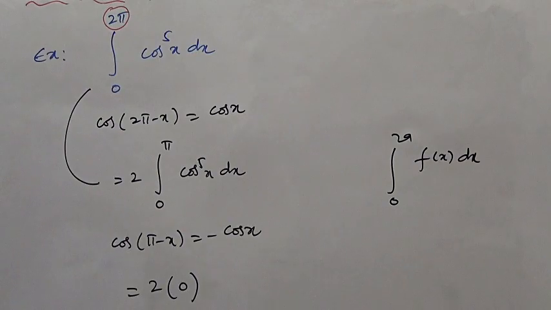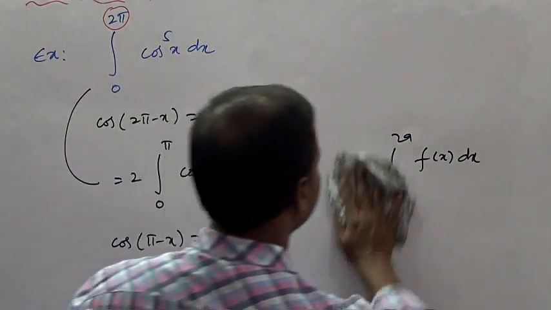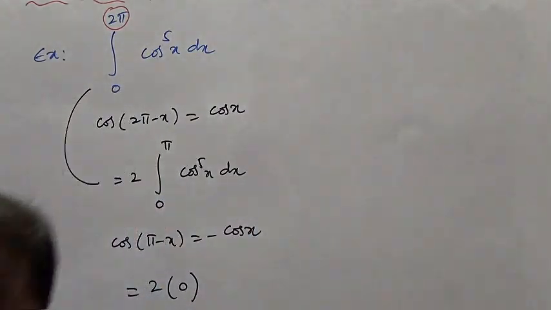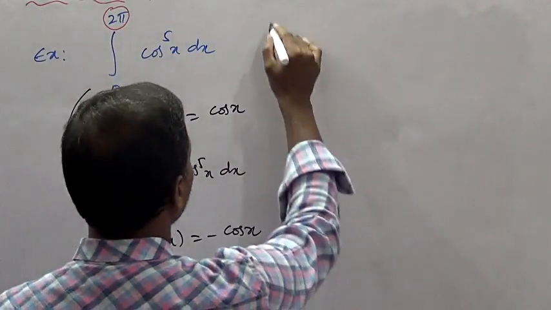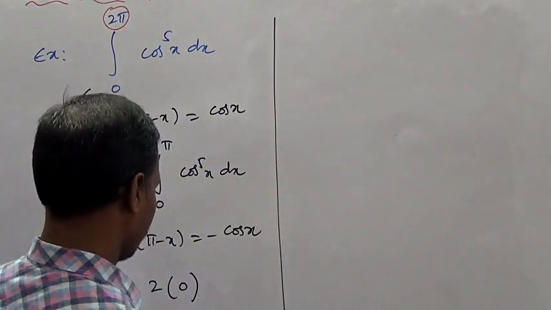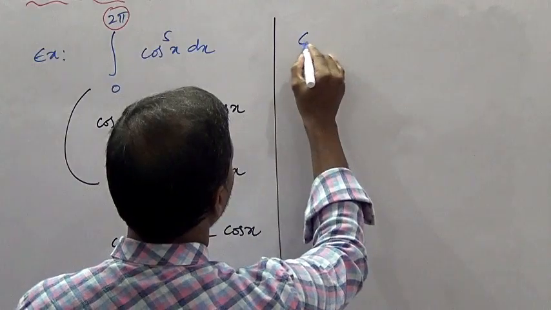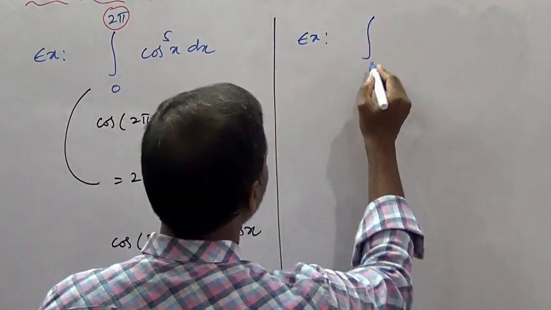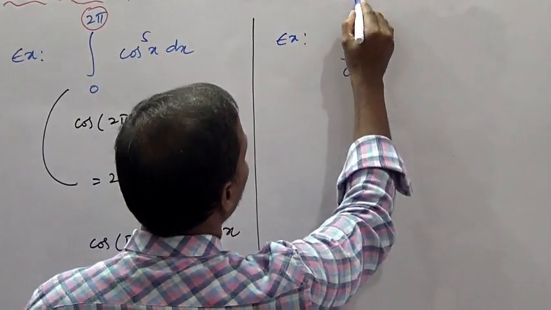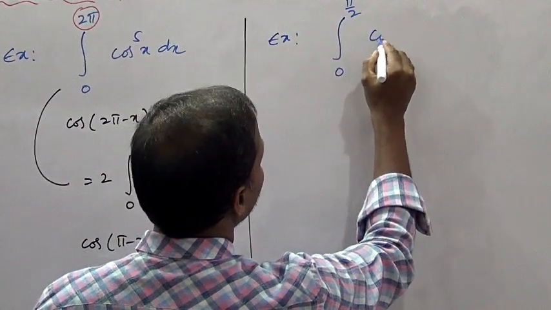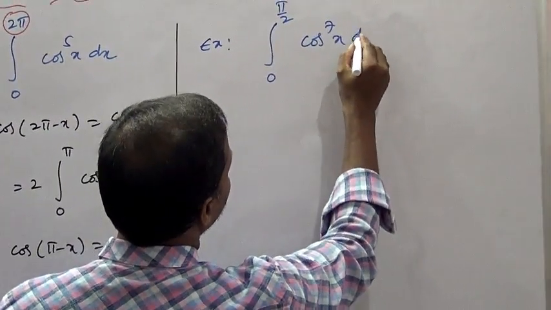Fine. So I will give one more example. Integral from 0 to pi by 2 of cos power 7x dx.